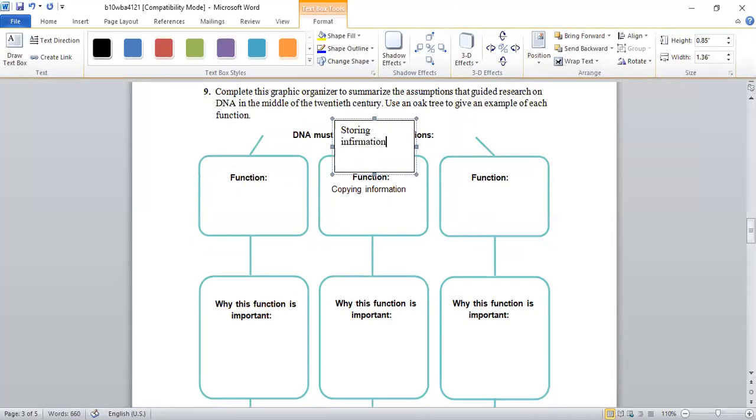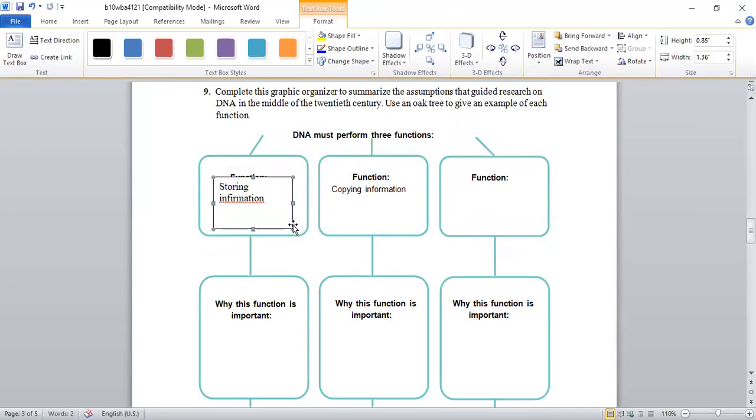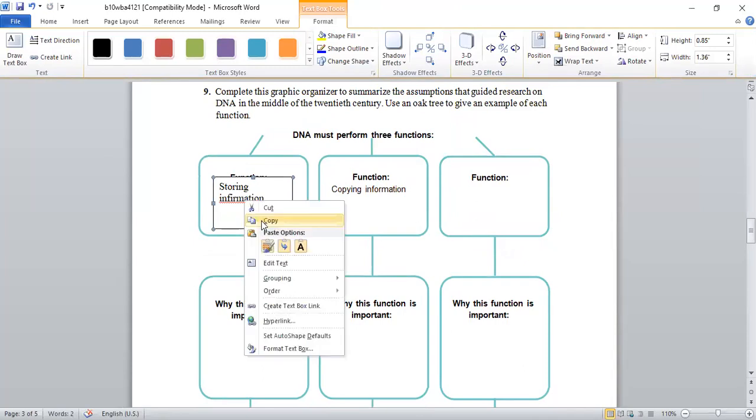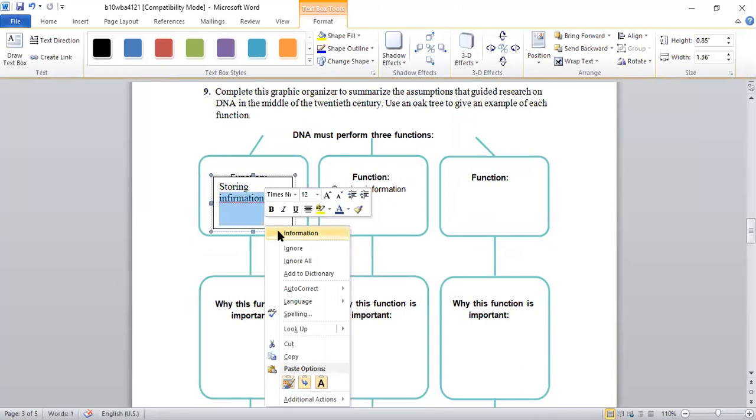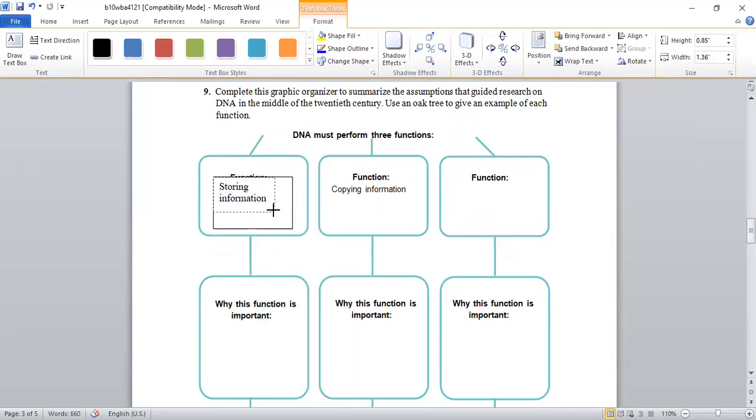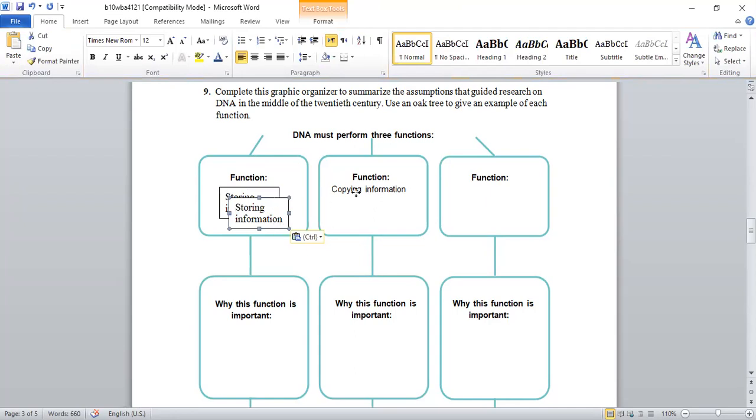The second function of the DNA is copying information. So the DNA must be able to store information, to copy information, and to, anyone knows?